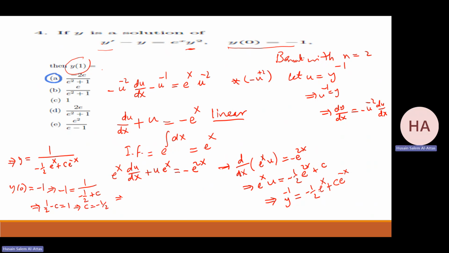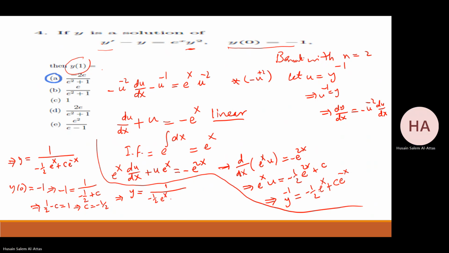So my y will be what? y equals 1 over minus half e to the x minus half e to the minus x. What do they want? They want y at 1. y at 1 will be 1 over minus half.